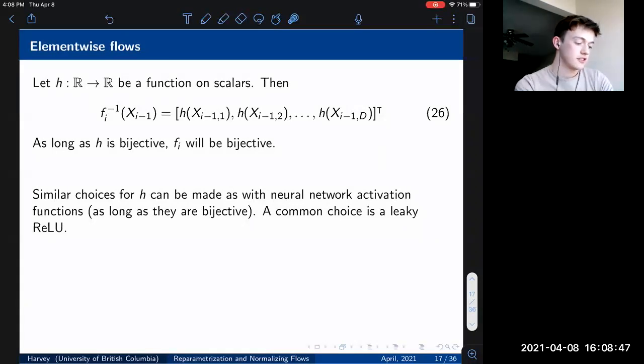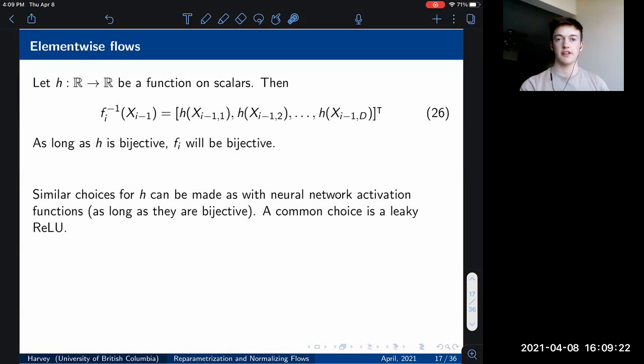We're going to assume we have some function h, which operates on scalars. And then we define this f inverse as a function where we take every dimension of our input and apply h to it. Very similar to an activation function in a neural network. The main difference is that here we need f to be invertible, and so we need each individual h to be invertible.